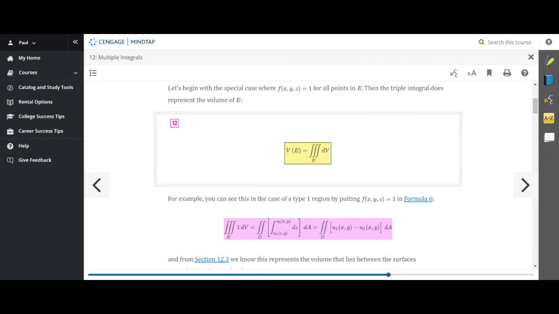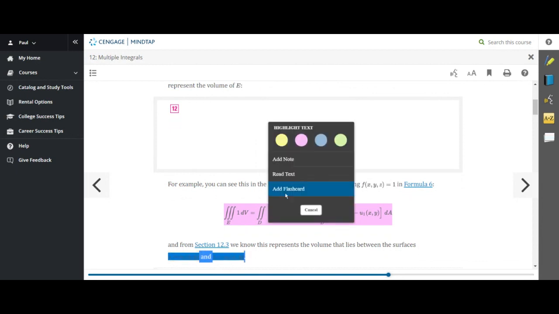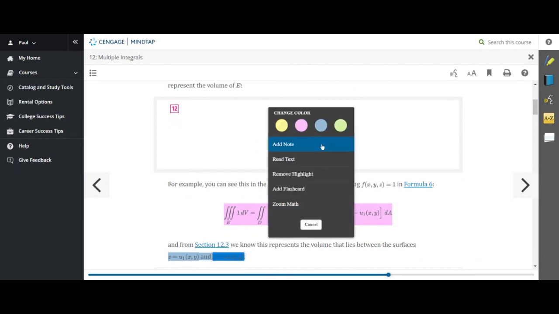Now, like they comment here, maybe I won't use blue. Blue isn't so good.